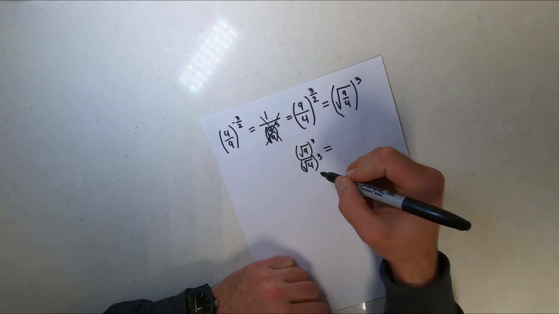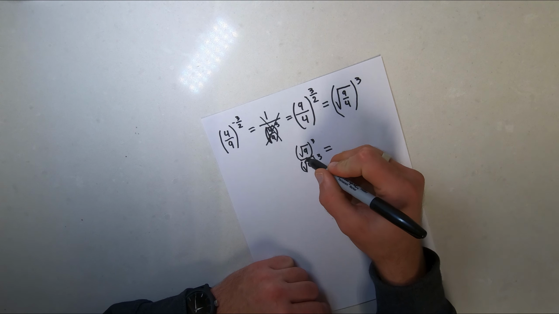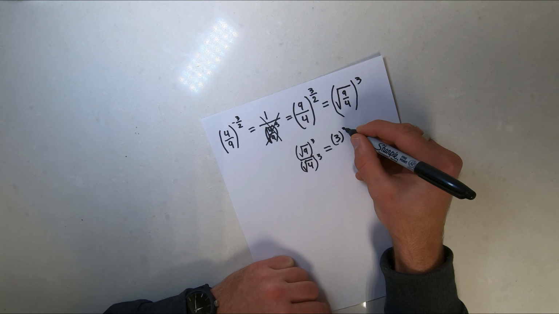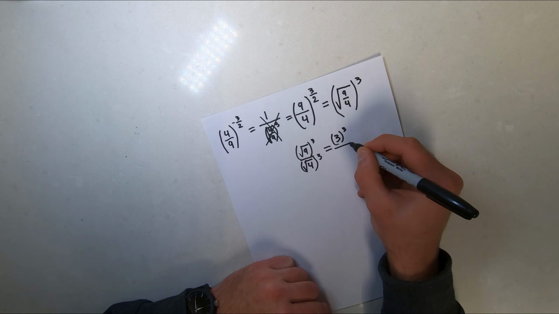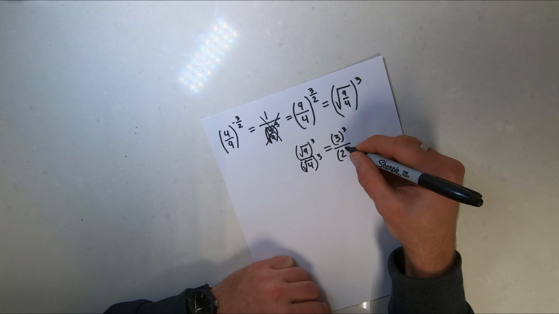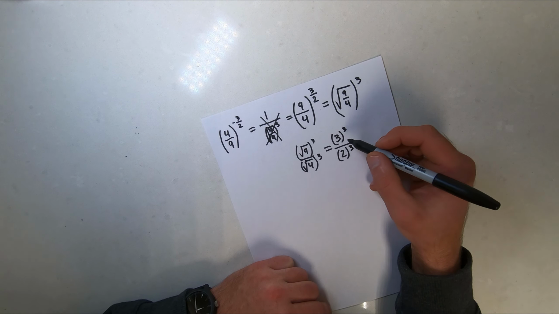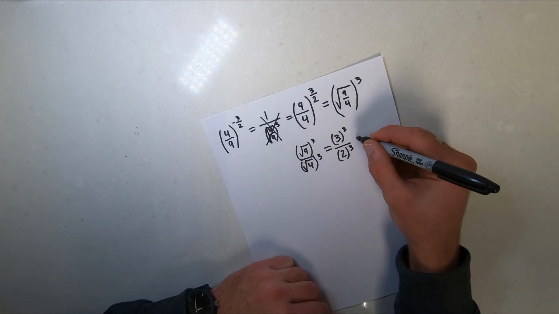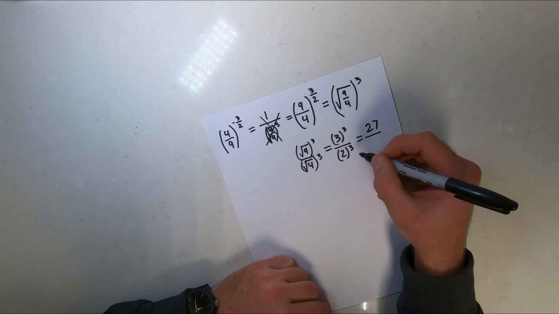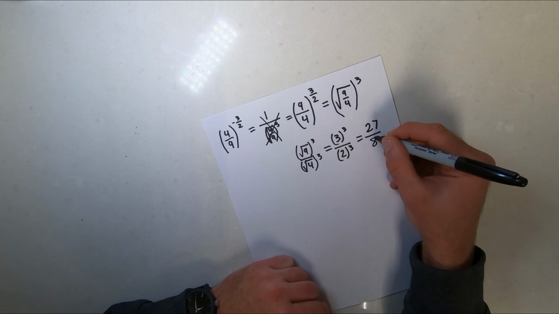Now we simplify the square roots. The square root of 9 is 3 raised to the 3rd power. Then we have the square root of 4, which is 2 raised to the 3rd power. 3 cubed gives us 27, and 2 cubed gives us 8.